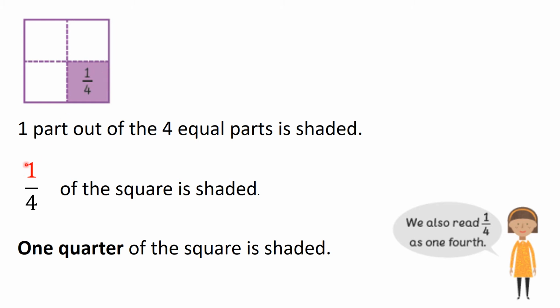So we would write that as a fraction as 1 part out of 4 equal parts. And that fraction is called a quarter. So 1/4 of the square is shaded. We also read 1/4 as a quarter because there are 4 equal parts.